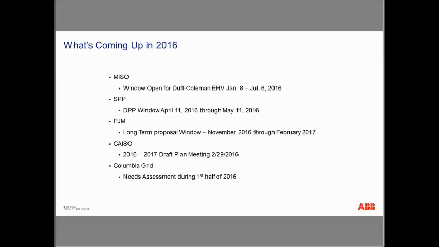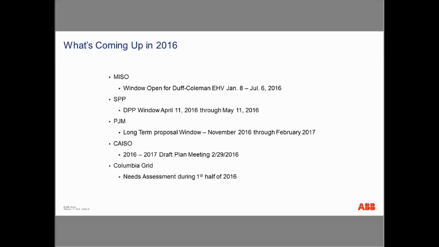Going back, SPP has scheduled, proposed for a DPP. That DPP stands for Detailed Project Proposal window from April 11th of this year through May 11th of this year. That's when they'll be accepting proposals to solve the needs that they identify in their ICP-10 process.